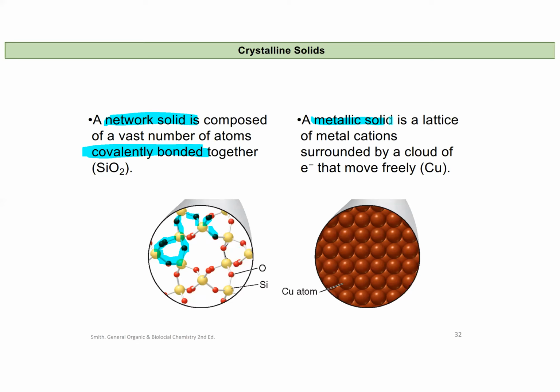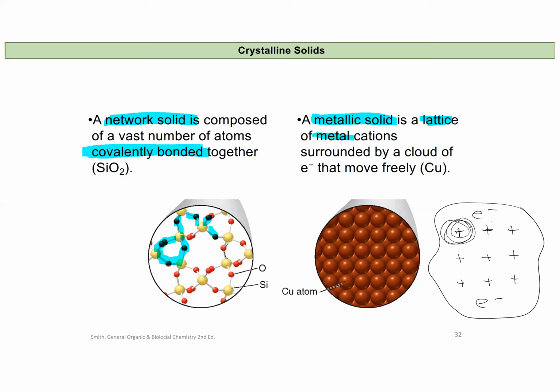We have metallic solids, and these are really just a lattice of metal ions or metal atoms, right? So we just have copper atoms, and you can think of these as being the nuclei, which are positive, of our copper atoms arranged in a pattern with one another, and there's this sea of electrons around it that kind of move freely because the electrons on one atom will get so close to the nucleus on another that it'll actually be attracted to all the other ones.